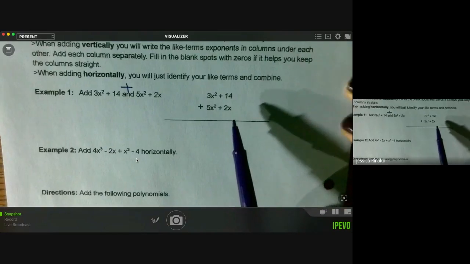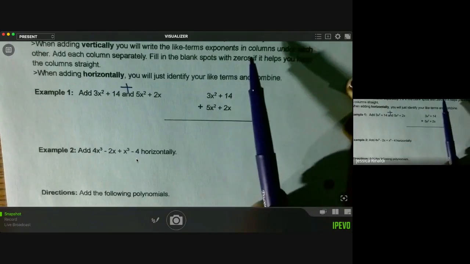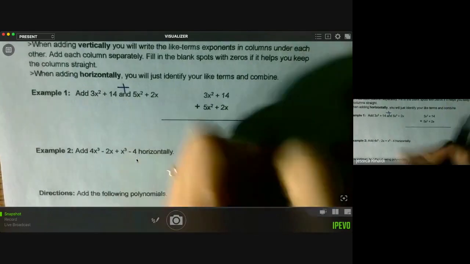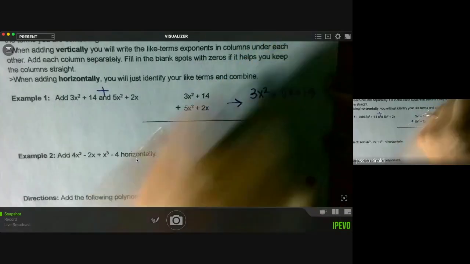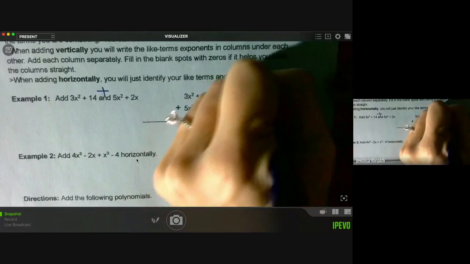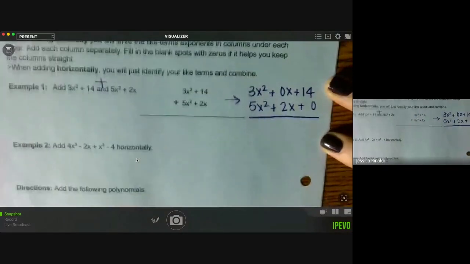So what the instructions were saying to you is if it helps you, you can write it this way. 3x squared plus 0x plus 14. And then 5x squared plus 2x plus 0. Do you have to do that?